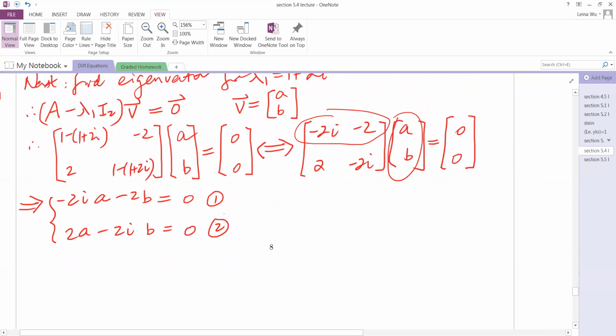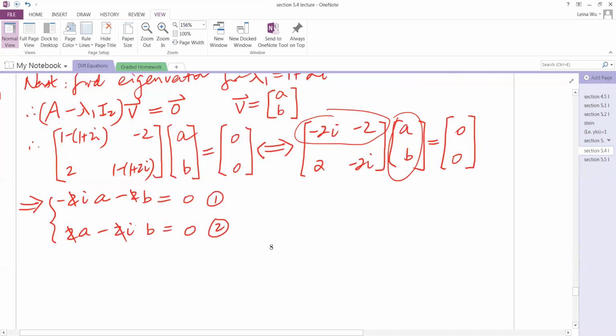Equation 1 and equation 2. What do we do next, folks? We can do a substitution pretty easily. By the way, there's a bunch of 2's over here, so I'm going to reduce all the 2's.